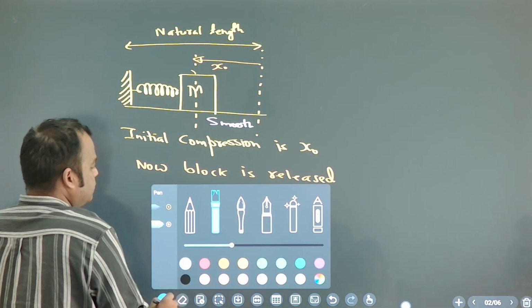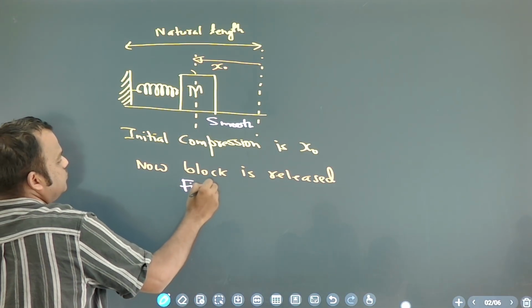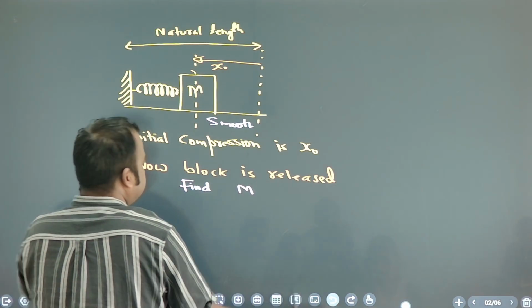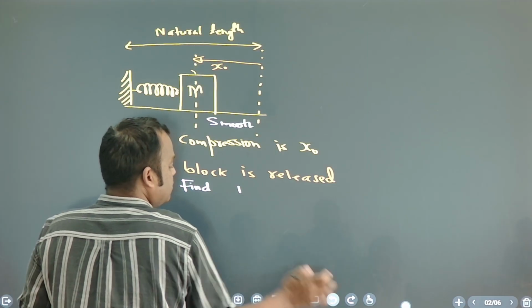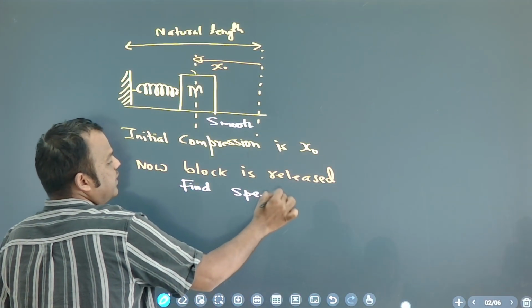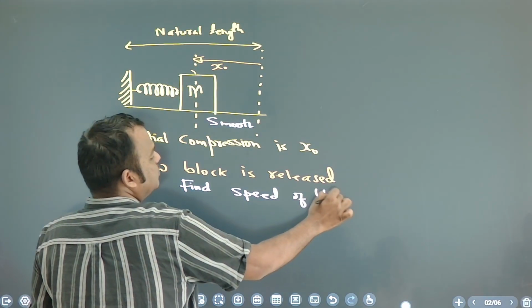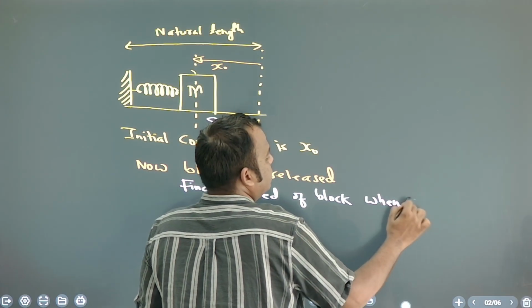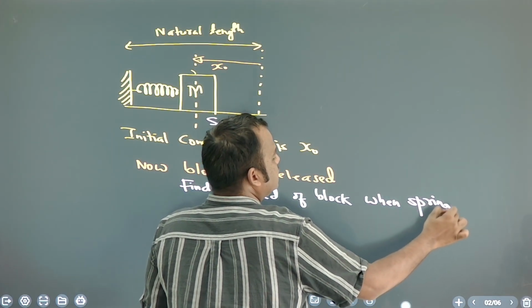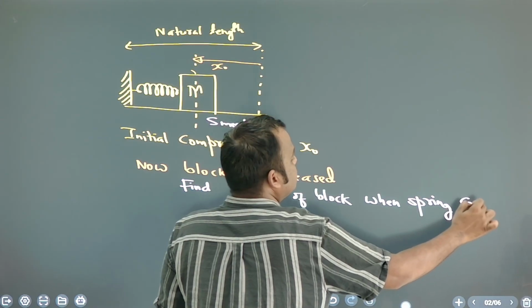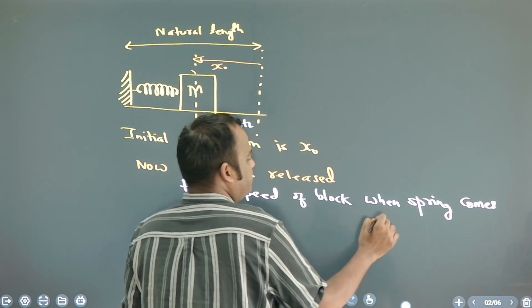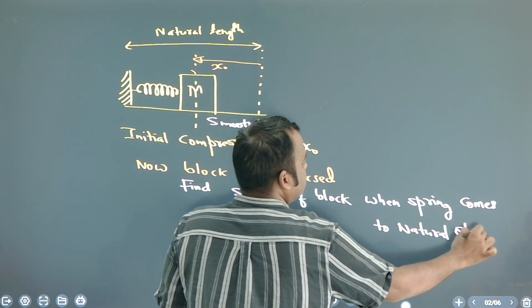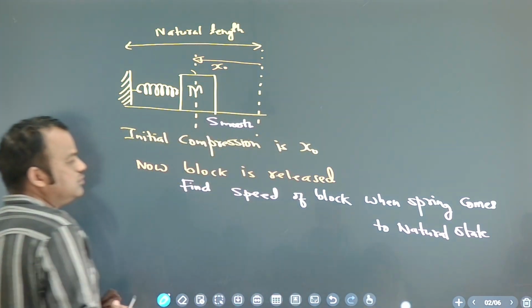So find speed of block when spring comes to natural state.